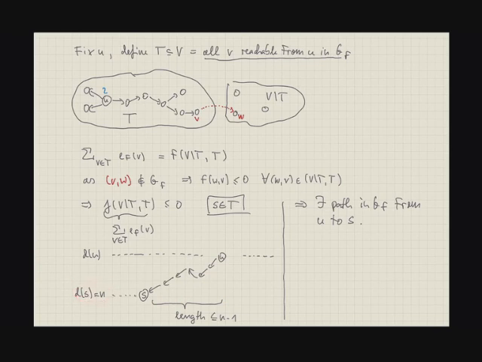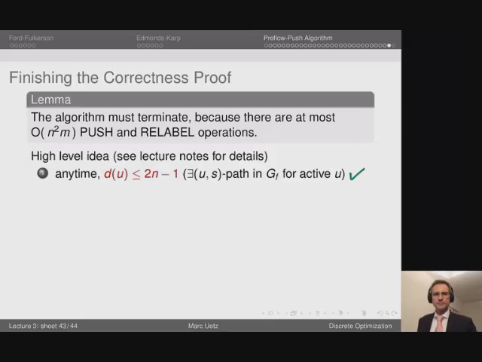The label of the source vertex was n by definition, and hence because the length of this path is at most n-1, what could be the label of this node U maximally? Well, d of U could be maximally d of S plus n-1, which is equal to 2n-1. And that's exactly what I wanted to prove.